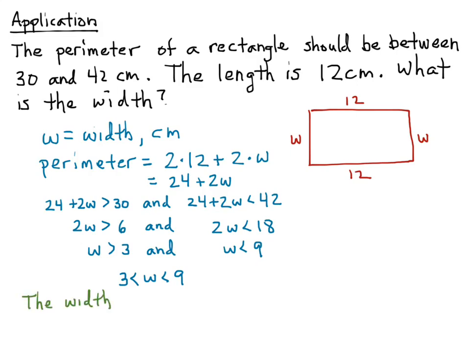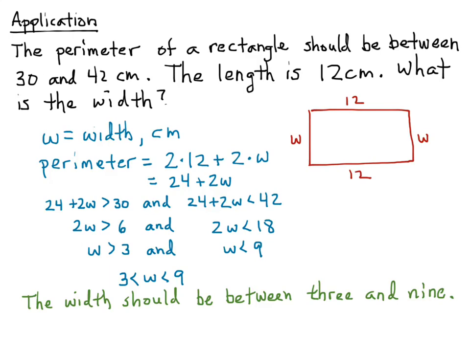Okay, so then the answer is the width should be between 3 and 9. You don't have to spell out 3 and 9. You could write 3 and 9, of course, but the normal English way to write numbers less than 10 is to spell them out, not to write the numeral, right?